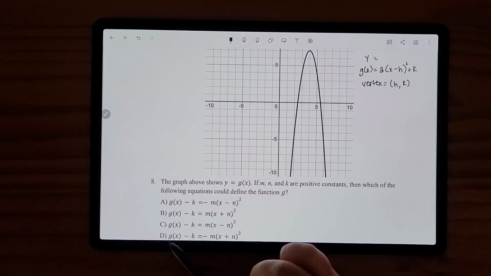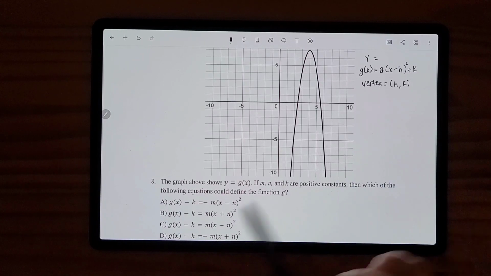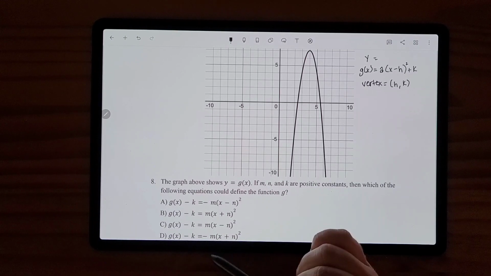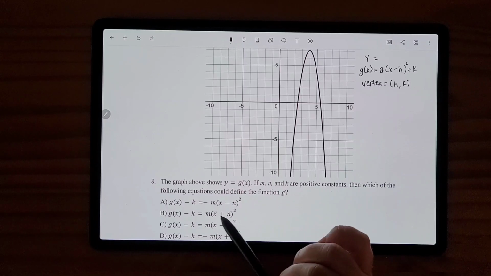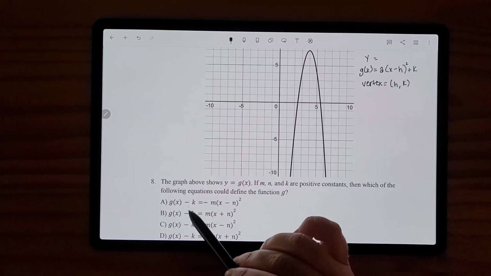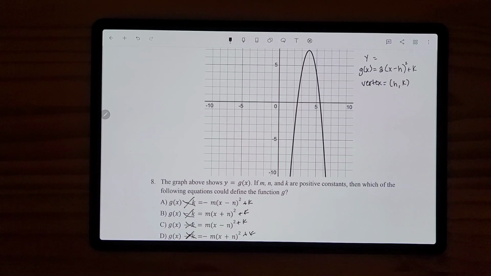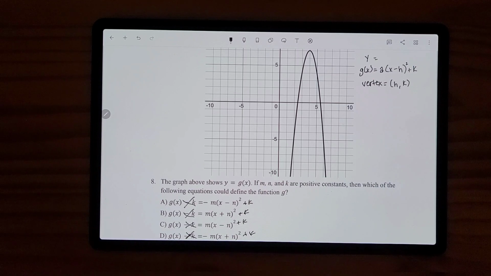But you'll notice that all of these answer choices don't look exactly like what we have right here, because they have the -k portion on the left-hand side of the equal sign. To fix that, we just need to move it over to the right by adding k to each side. And now you'll see it looks a lot more similar to what we have right over here for our vertex form for parabolas.